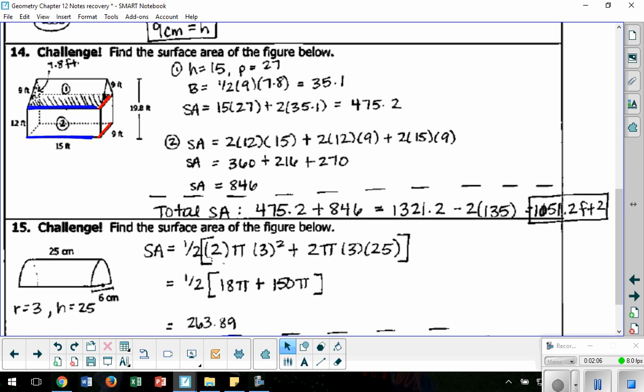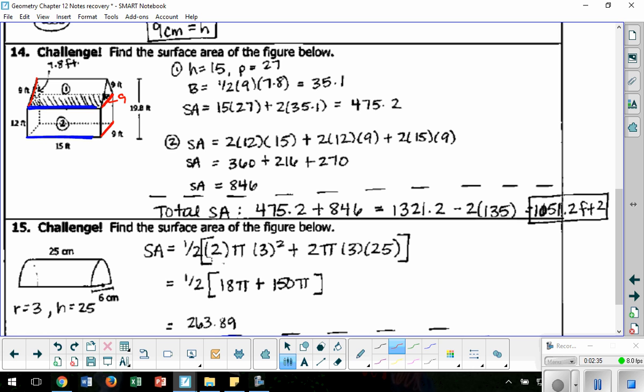Then the perimeter of the triangle. These two lines right here, the 9 can be brought up to there. So we have 9 there, and this 9 over here.